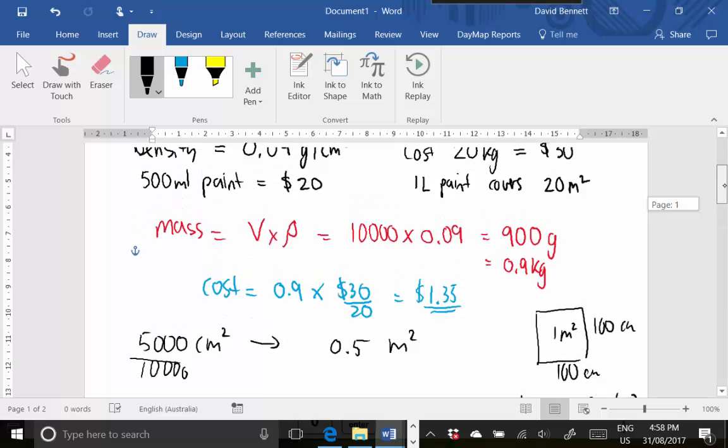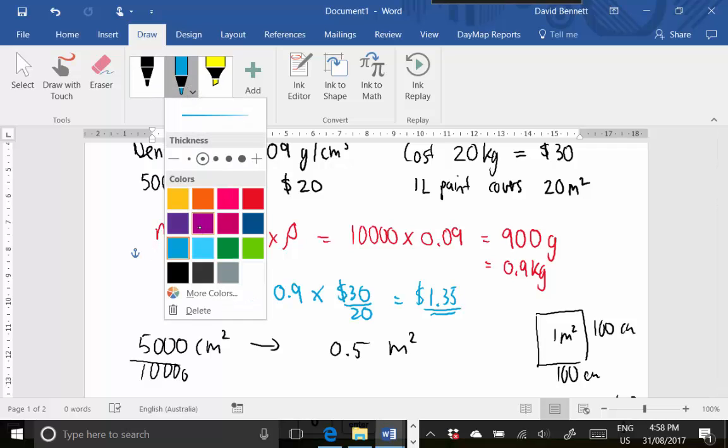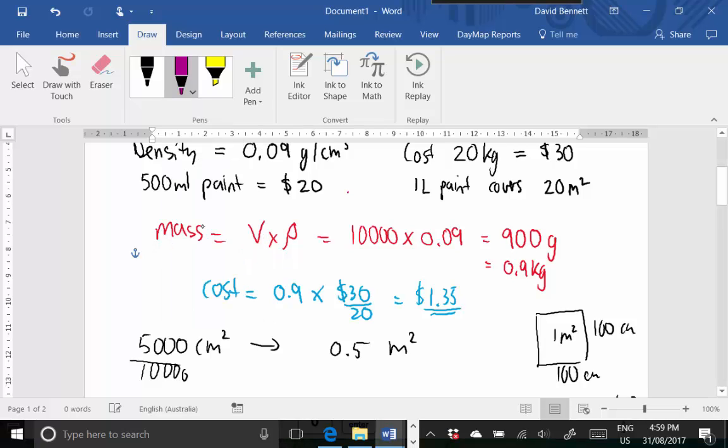So again, we'll do the same sort of ratio. So 1 litre covers that. So in here, if we're looking at that, we could say something like this scenario here. All right.